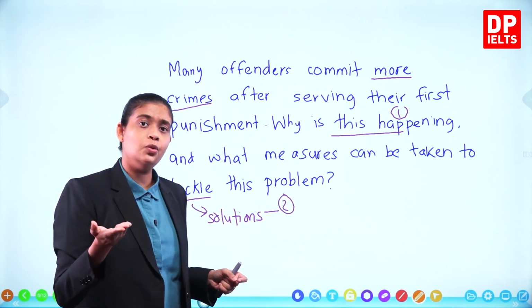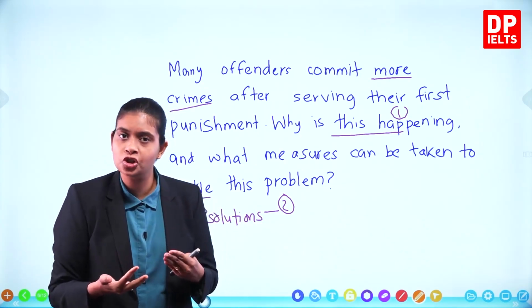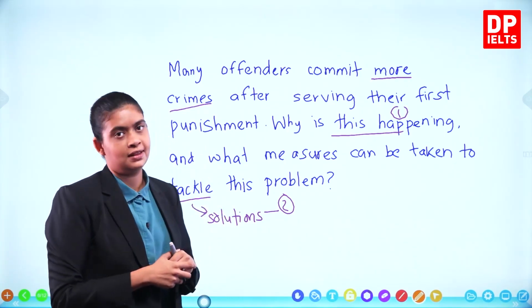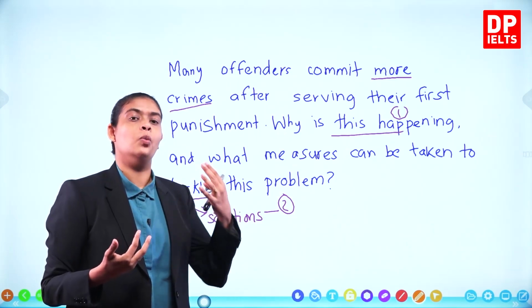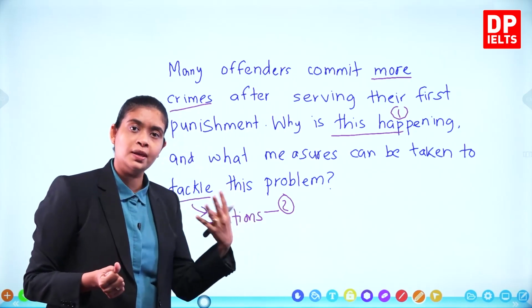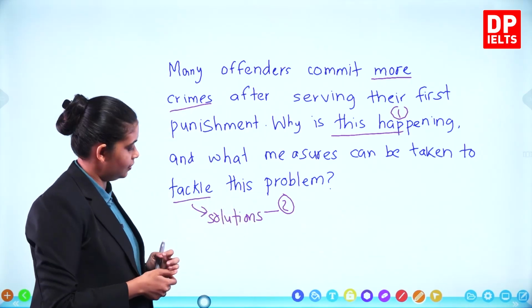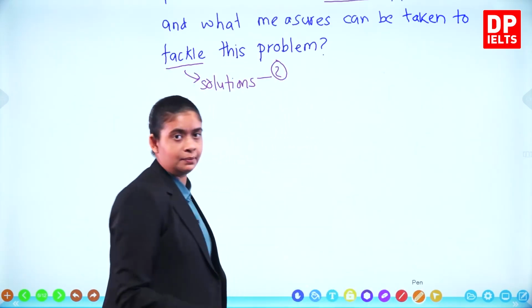They are asking you what causes this problem and what are the solutions that can be taken to prevent this situation. What is the situation? What is the problem? Where more and more people, where more crime is happening when they come out of their first punishment. Alright? So, draw a little mind map first.